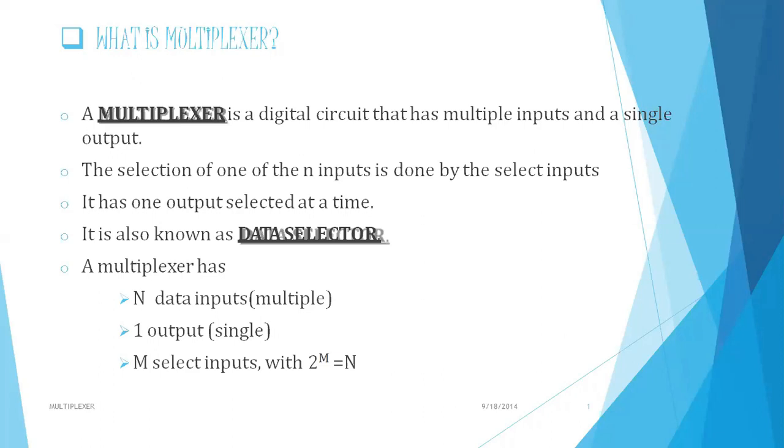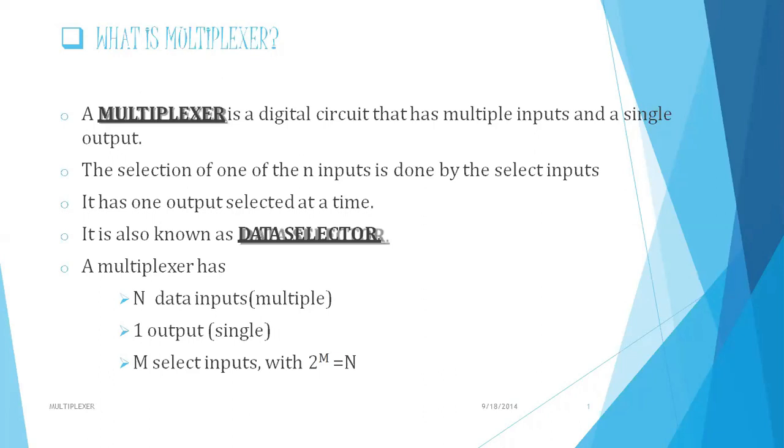How many selection lines will it require? That is 2 power n. Suppose, for example, there are 8 input lines and it will produce only one output. How many data selection lines will be required? Normally we take 2 power n input lines and n selection lines.